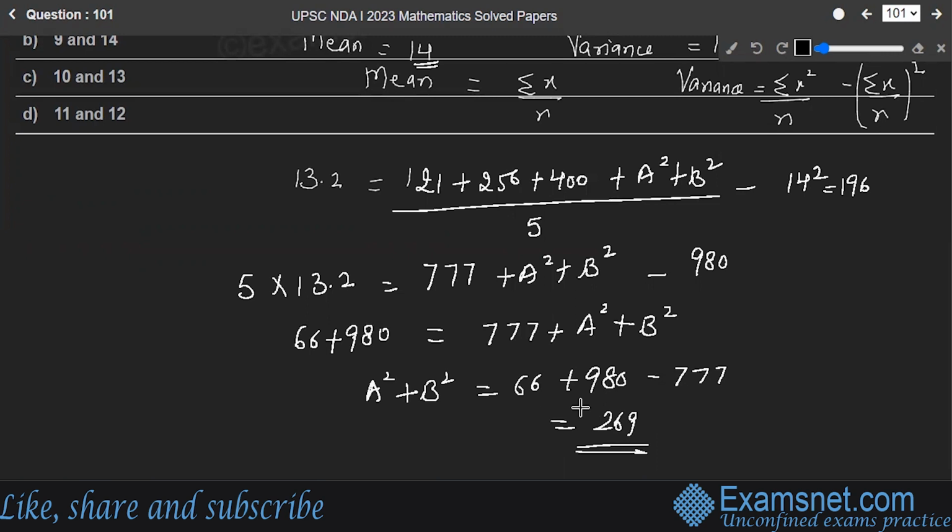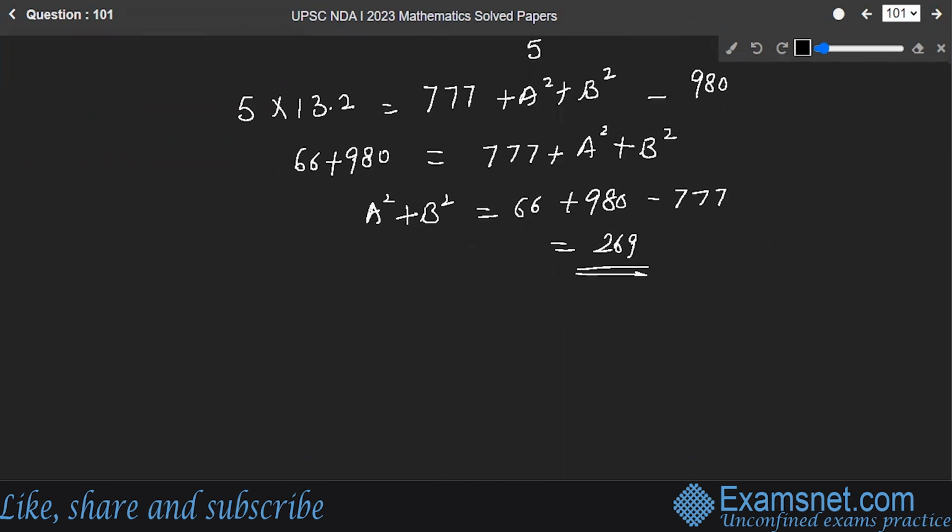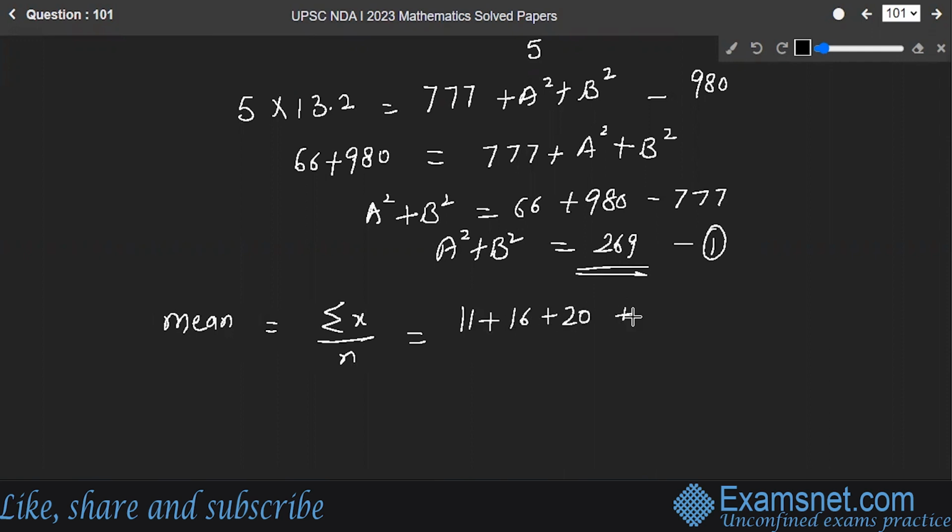Now you're given that mean is equal to 14. We got equation 1 that a square plus b square is equal to 269. Now you had mean is equal to 14, which is sigma x upon n. That is equal to 11 plus 16 plus 20 plus a plus b, whole divided by 5.